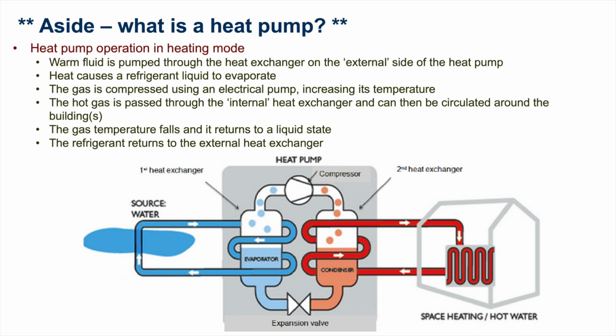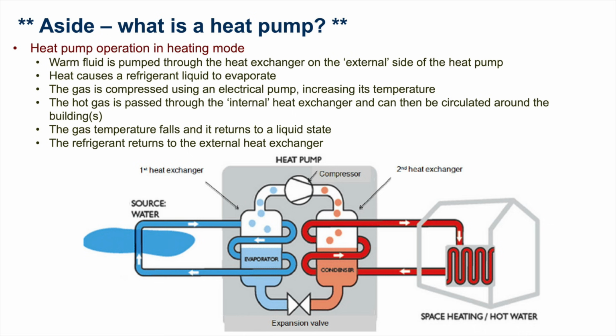It's to compress the gas, and as you compress it, its temperature goes up. Then you pass that high temperature via another heat exchanger into the fluid that's then going to heat the building that you're in. That cools the gas, which then recondenses, and it passes back through the heat pump where it's boiled again, and so on and so forth. So it should really be called a compressor or something like that, rather than a pump.